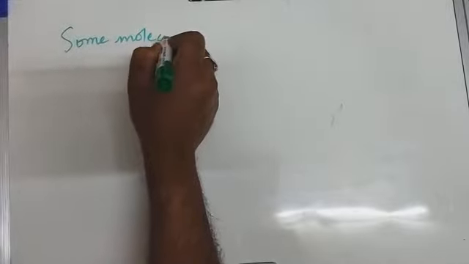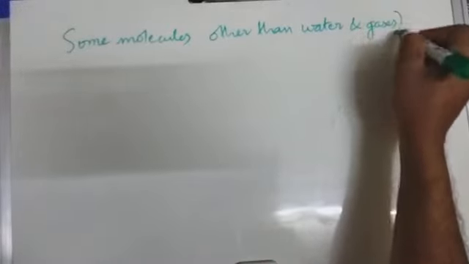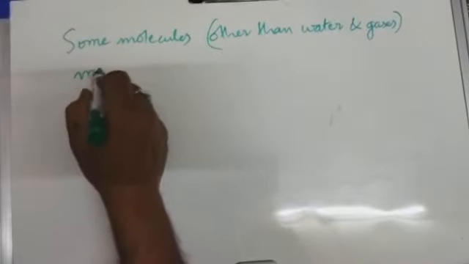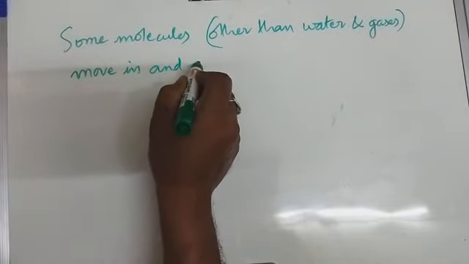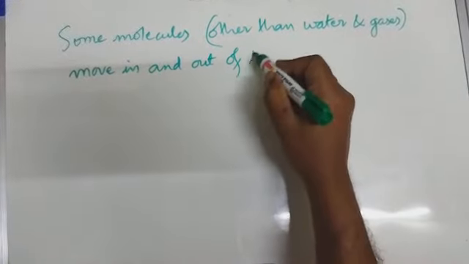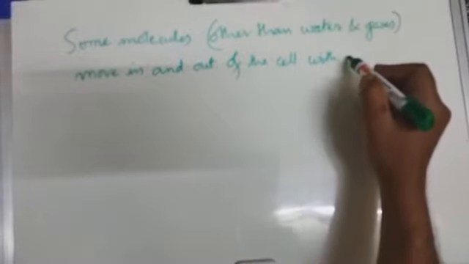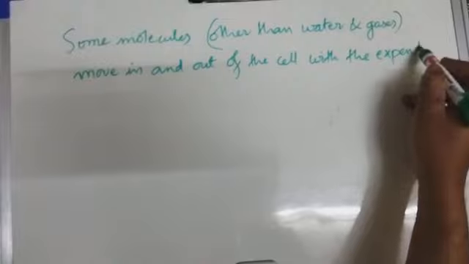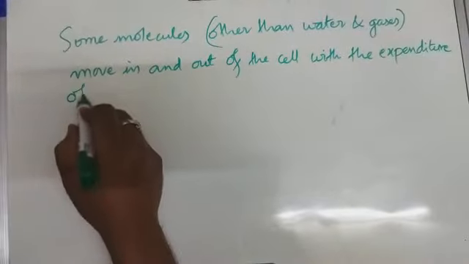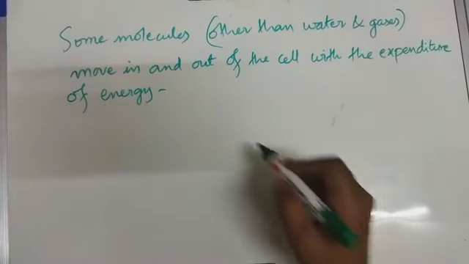And there are some molecules, other than water and gases, that move in and out of the cell with the expenditure of energy. This is called active transport.